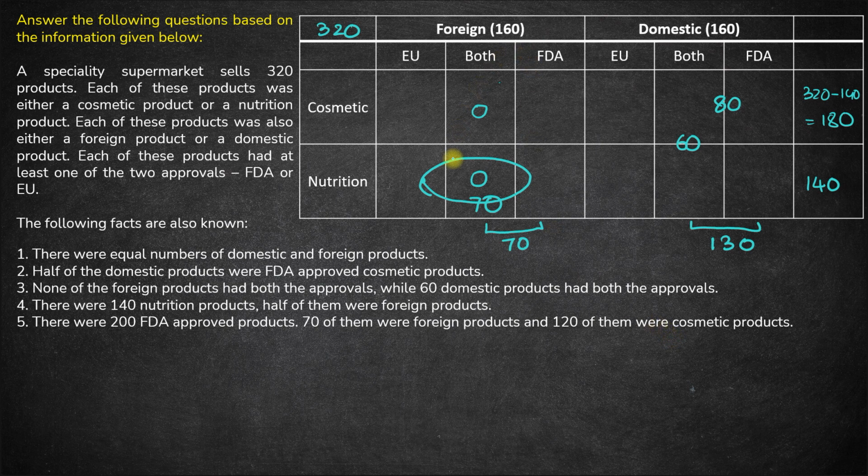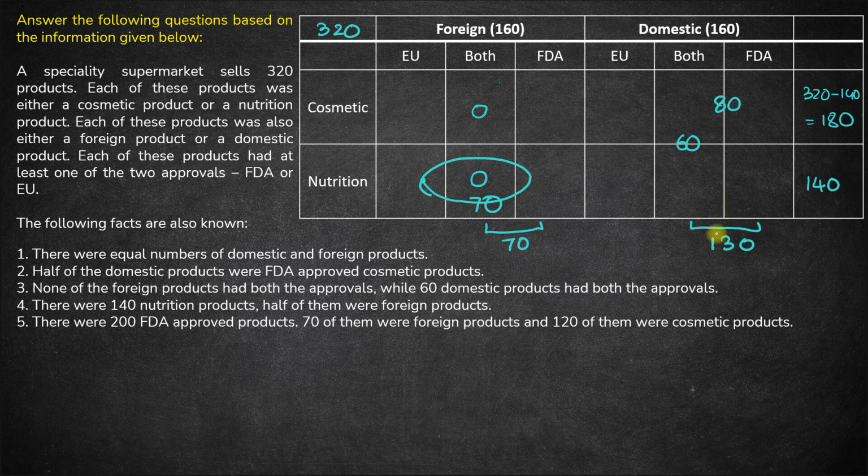In FDA approved, we count only FDA and we count both as well. It does not say only FDA approved product, so we count both these blocks as well. If these four blocks combined are 70, these four blocks combined must be 130.